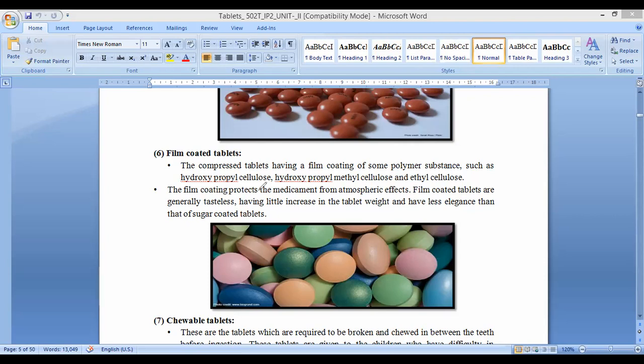When we compare both, the overall increase in the weight of the tablet in film coating is very less. Only 3% increase is there over the core of the tablet as compared to 50 to 80% increase in weight for the sugar coated tablet. And film coated tablets are less elegant as compared to sugar coated tablets.